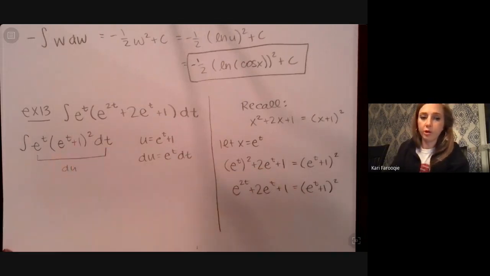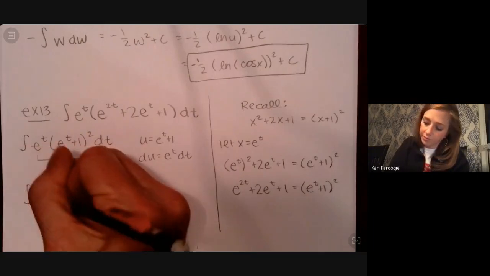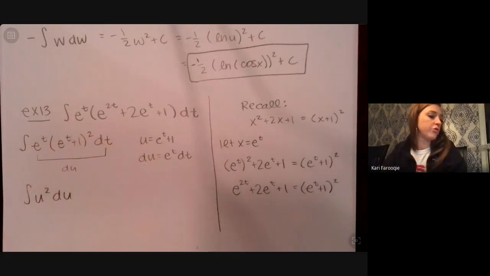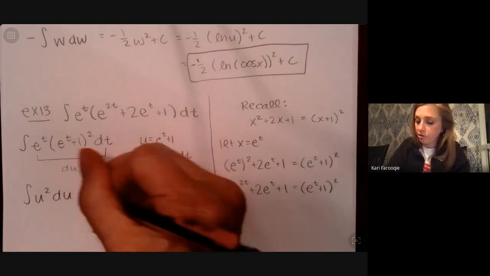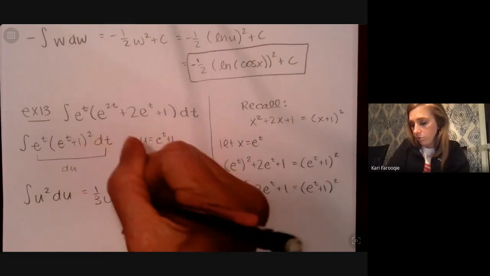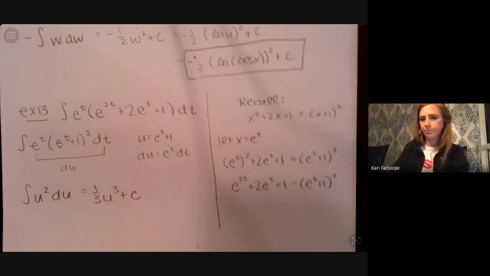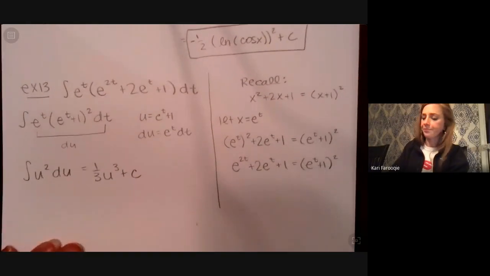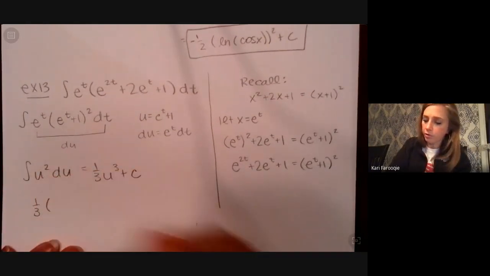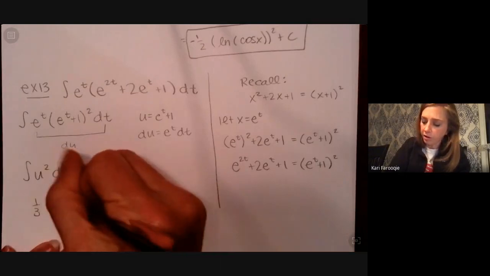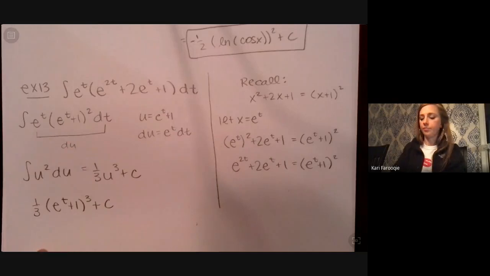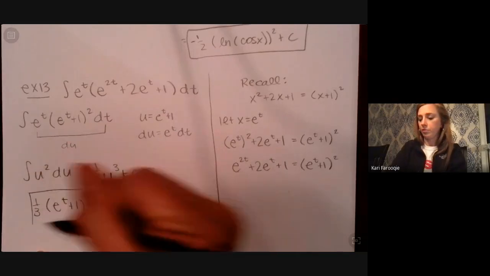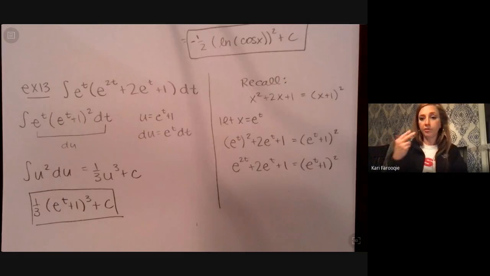And then you have u squared for the other piece of this. So you actually have u squared du. And then you'll integrate that as 1/3 u cubed plus c. And then you'll have 1/3 times, sub that back in, e to the t plus 1 cubed plus c. Done.